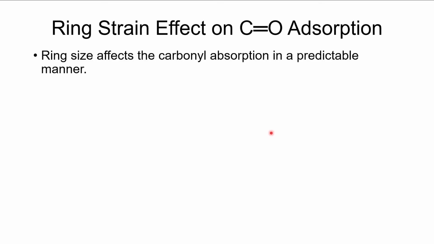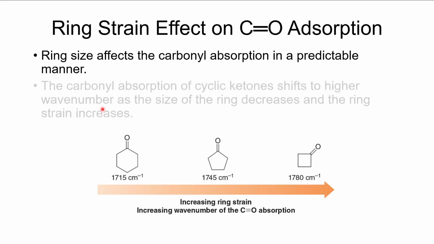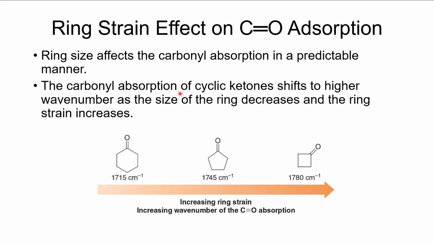All right. Now, for ketones, we can observe that there is an effect caused by angle strain or ring strain. So the ring size will affect the carbonyl absorption in a fairly predictable manner. Now remember, ketones typically show up at about 1715, that carbonyl stretch. But as we increase the ring strain on a cyclic ketone, we're going to find that it will increase the wave number and also the frequency.